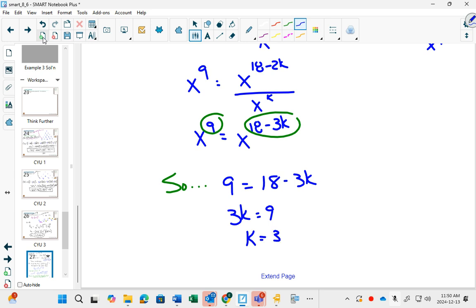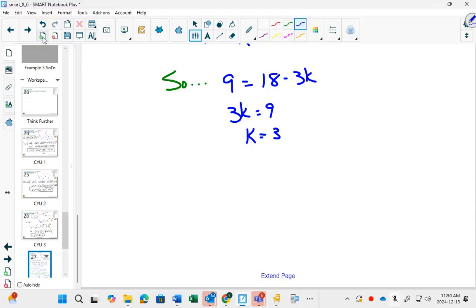So we do all of this work to find out what k is, and you now can solve the question, because the question said find the term. If k is 3, we need to find k plus 1, term 4.